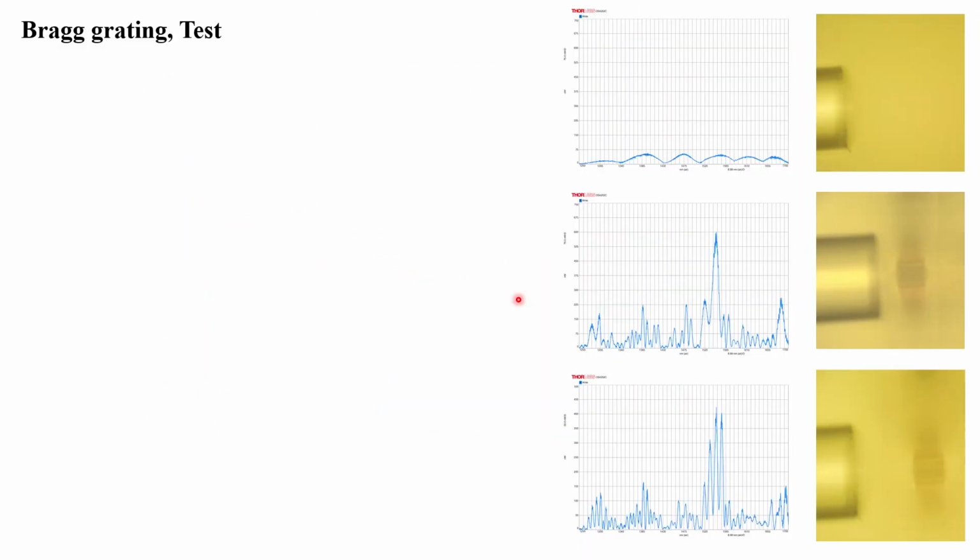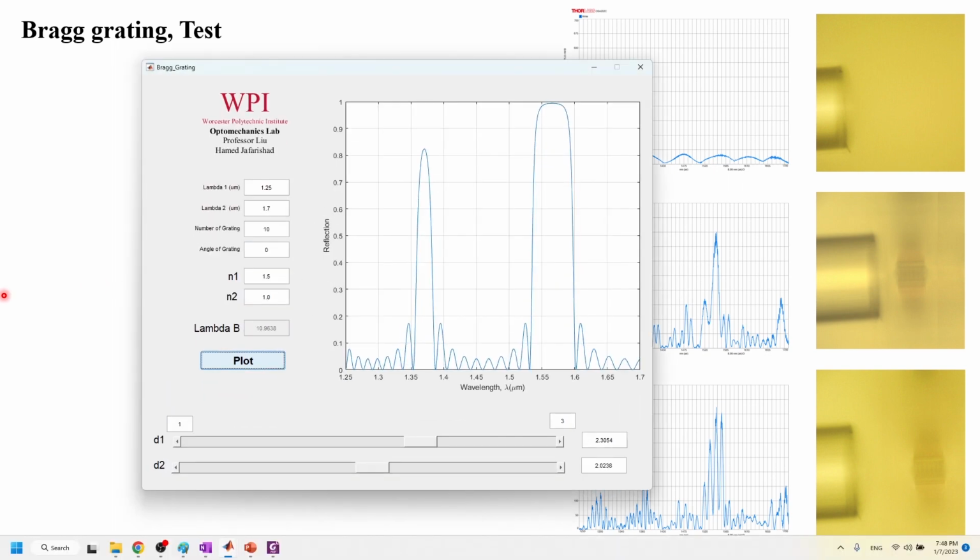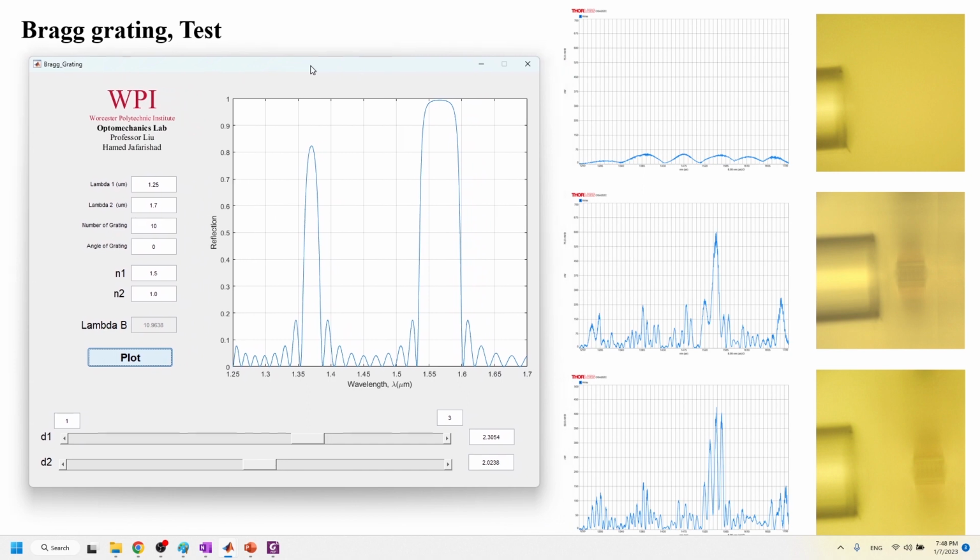Okay, so that is the test. But let's see if the test is in good agreement with the results that were calculated from the equations or the program. For that, we go back to our program, and in the spectrum here we have 1.25 micron to 1.7 micron as the range of wavelengths.